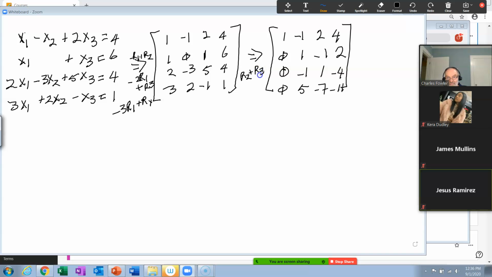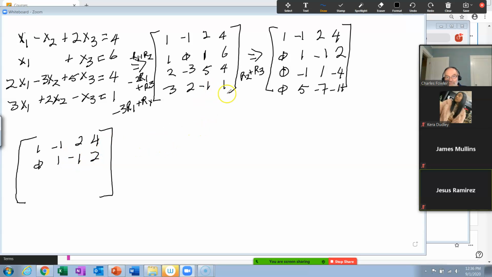And that'll be it, folks. Okay? So let's do that. We're not using row 1, so we'll write it down. 1 minus 1, 2, 4. We're using row 2, so write it down. 0, 1, minus 1, 2.